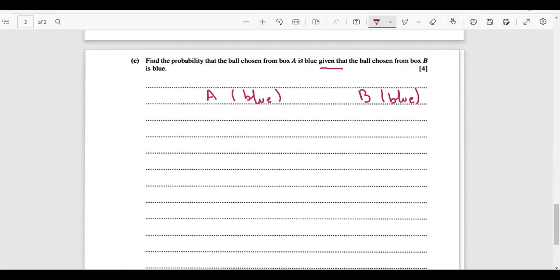So basically, we are trying to find out the probability that from box A we got blue, given that the ball chosen from box B was also blue. This is B.